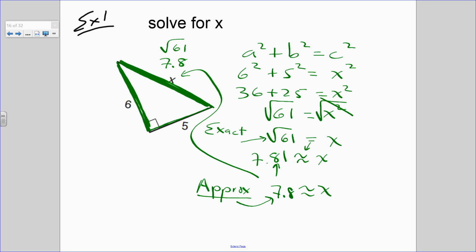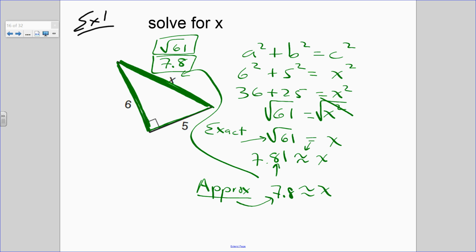Well, I need to approximate because that's not a perfect square. Okay, then chop a piece of wood at 7.8 inches to the nearest tenth. But the exact answer would have been square root of 61. We can't chop a piece of wood square root of 61 inches, but that would be the exact answer. So we have to approximate in real life with those kinds of solutions.